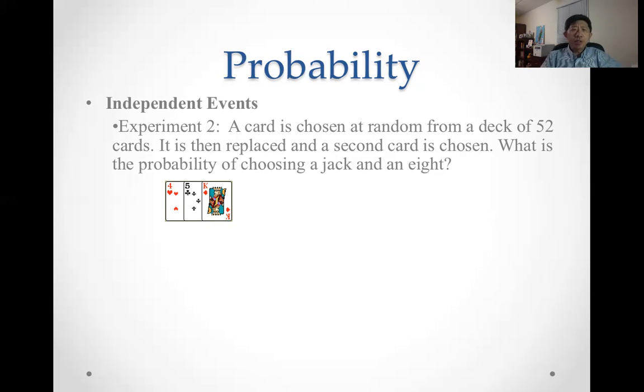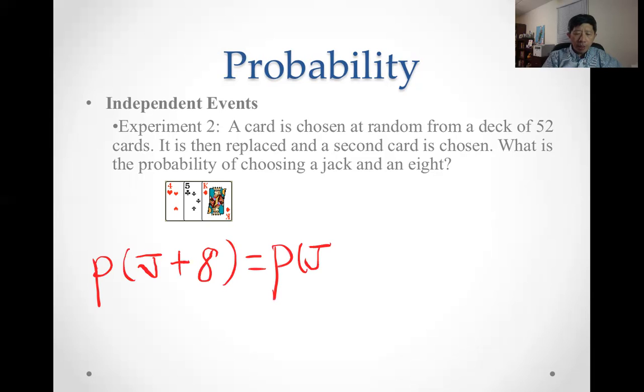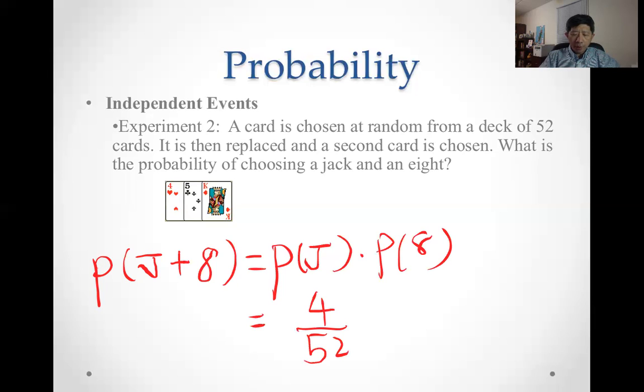So in this example, we want to find the probability of jack and 8. Therefore, we take the probability of J times the probability of 8, right? What's the J? We have 4 jacks out of 52, right?